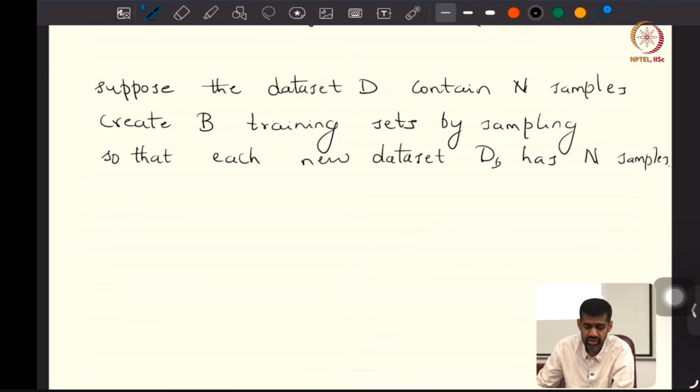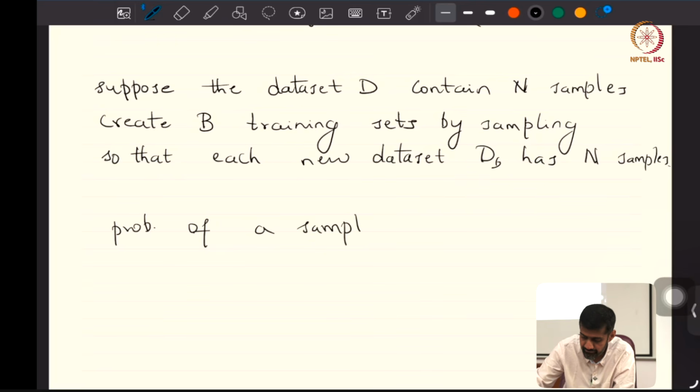So, let us simply do the math. Since we are uniformly drawing, the probability of a sample xi being picked is 1 over n.